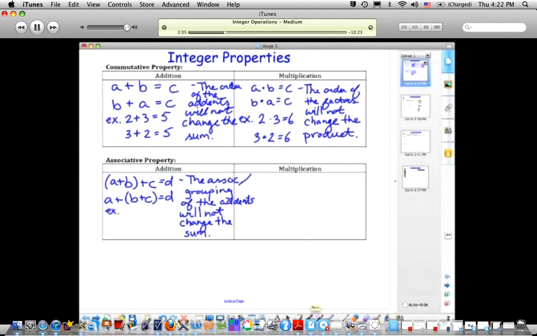We can see an example here. If I had 2 plus 3 inside my parentheses, that means I do that piece first, that's 5, plus 4 will give me 9. But if I had 3 plus 4 in the parentheses, I do that piece first, 3 plus 4 is 7, and then plus my outside 2 is still 9.